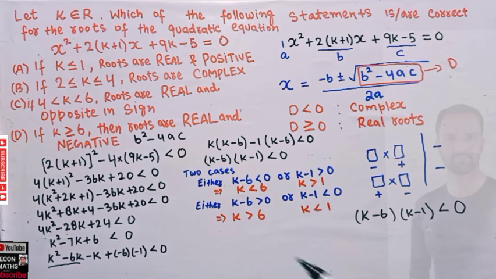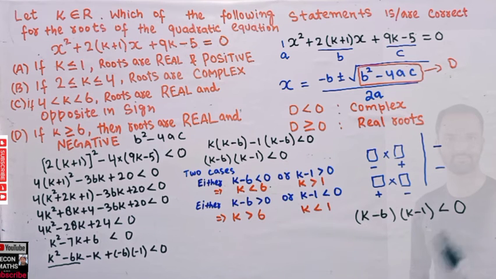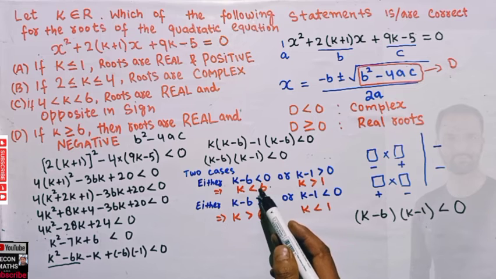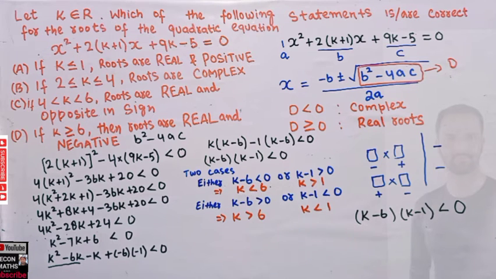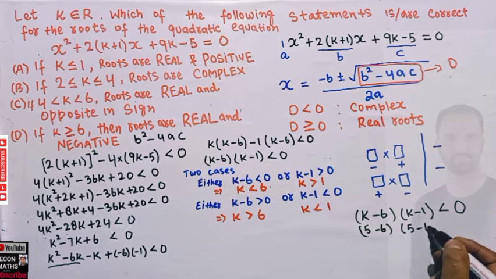If k is equal to 5, then we have 5 minus 6 and 5 minus 1.